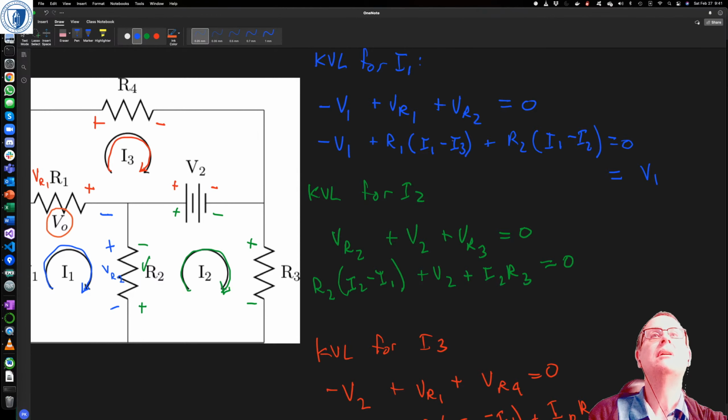So we've got R1 plus R2 times I1, right? R1 plus R2, and there's I1. And then we've got minus R2 I2 and minus R1 I3.